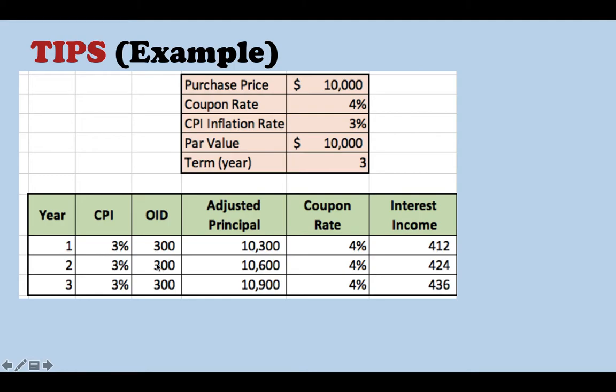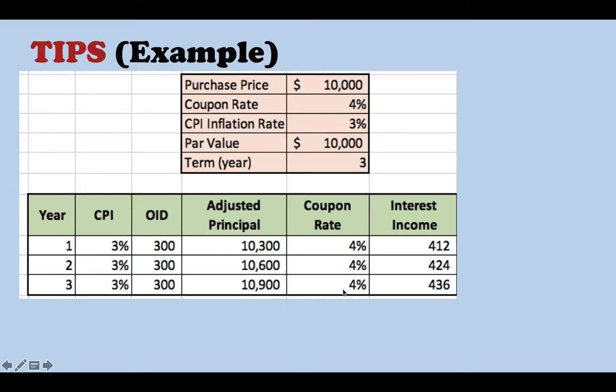The second year, you add the 300 on top of the first year principal. Then the third year, you add this OID to the third year principal. So at the end of the 3 years, you will have a principal of 10,900.